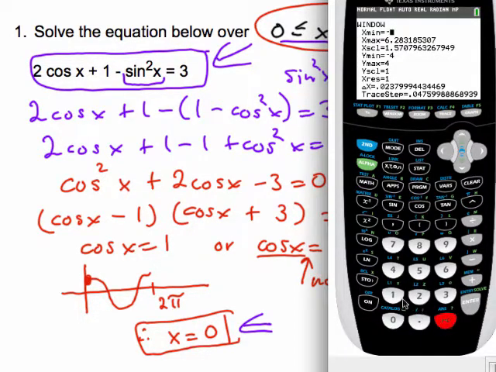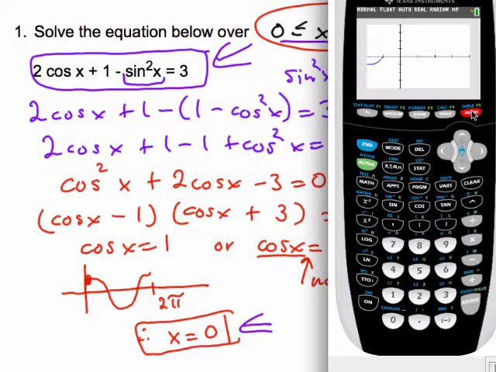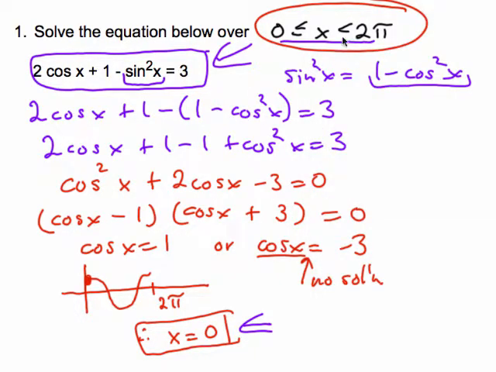We won't see it otherwise. Let's just put negative 3. Remember, the solution will be the x value of the point of intersection. And so the x value of the point of intersection is x equals 0. We're not including 2 pi because there's no equal on the interval.